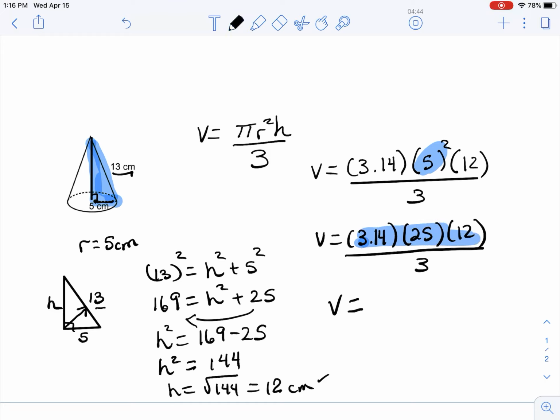Your choice, you can punch it all in, or you can do it in 2 steps. So I will do 2 steps. 3.14 times 25 times 12, 942, and divided by 3. Looks like 314 centimeters cubed.